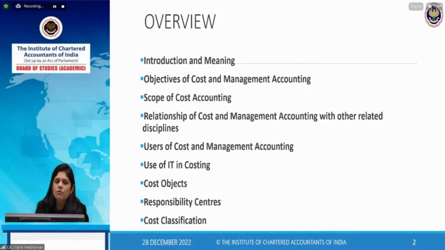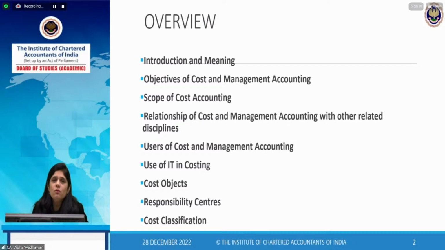What we would be learning in this first session: introduction, the objectives of cost and management accounting, scope of cost accounting, and the relationship of cost and management accounting with other disciplines, with financial accounting, with management accounting, with financial management, and users of cost and management accounting. You must have understood the users of financial accounting.